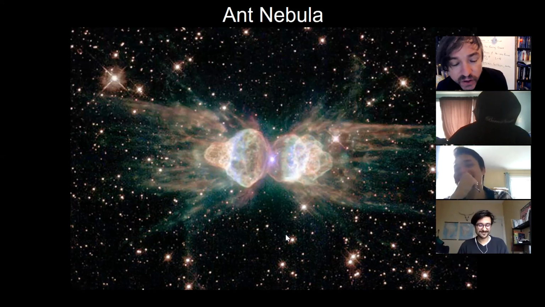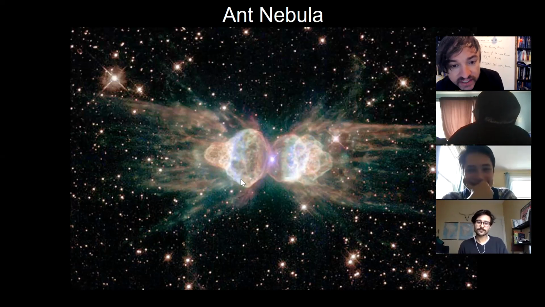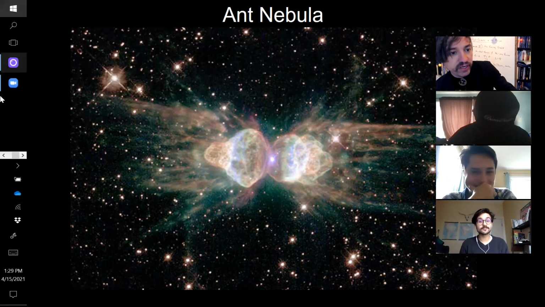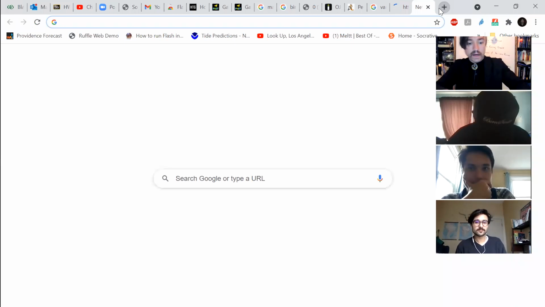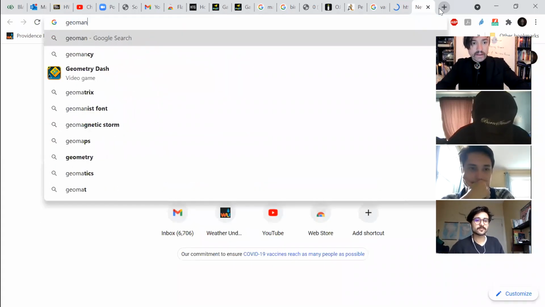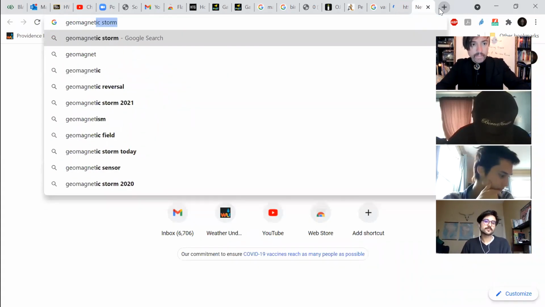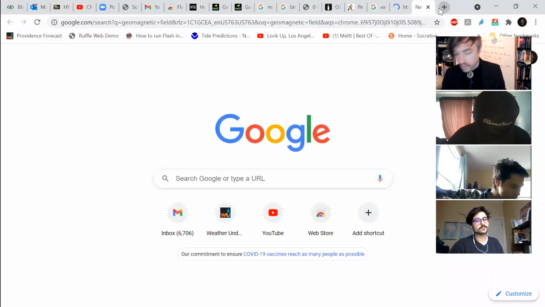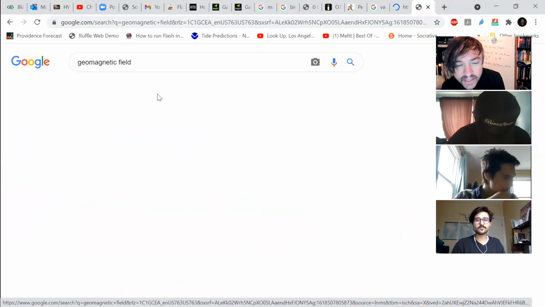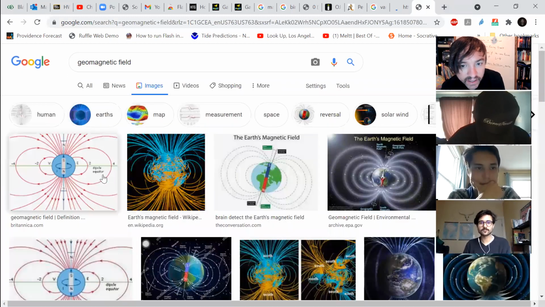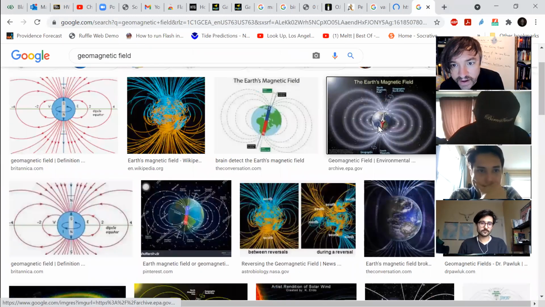So in fact, you know what this reminds me of? You can actually see the dipole structure, like just think about Earth's geomagnetic field. It's a dipole, right? The Earth's magnetic field actually has that exact same structure. It looks like this, right?